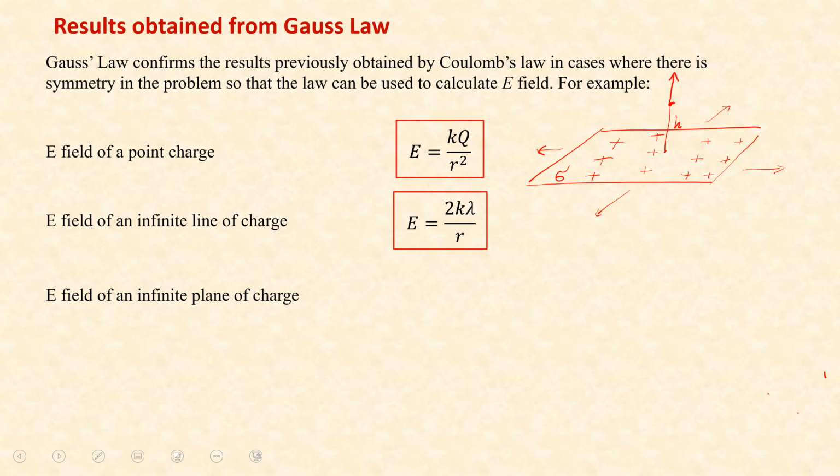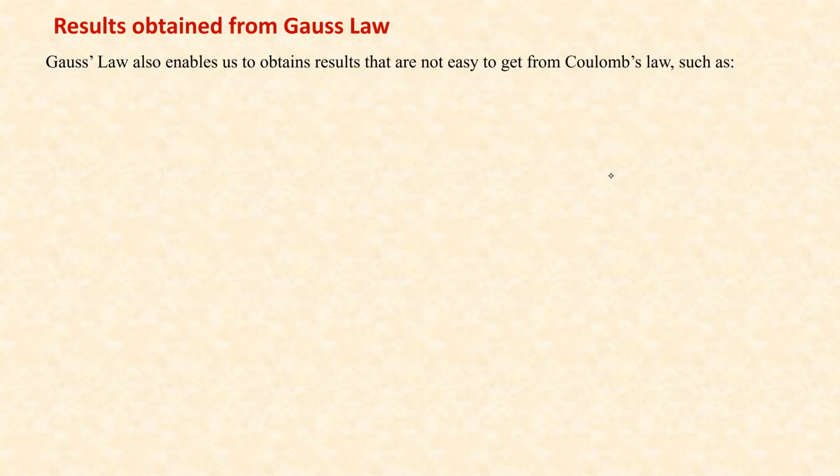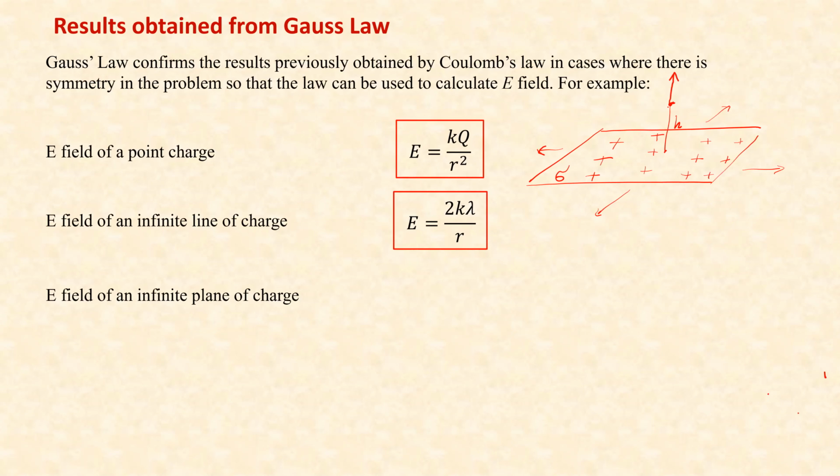And then we can take a Gaussian surface that is like a cylinder, like this, symmetrical on both sides, with the same distance h on this side too.